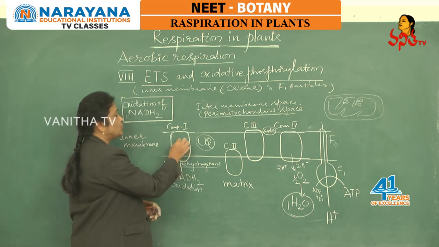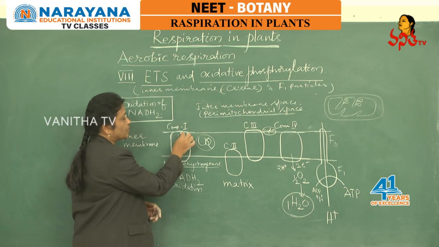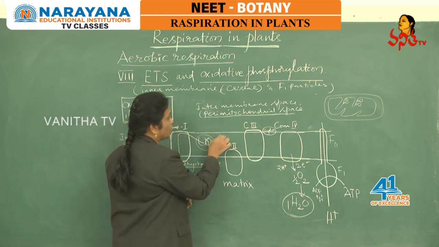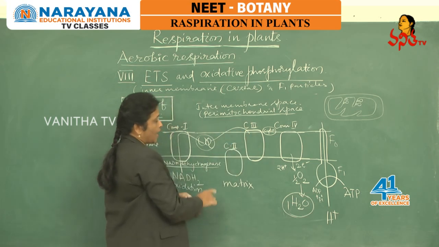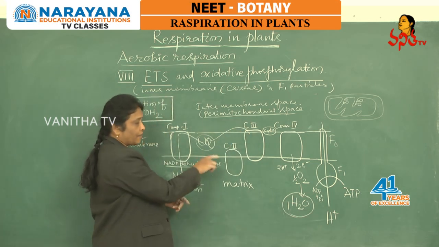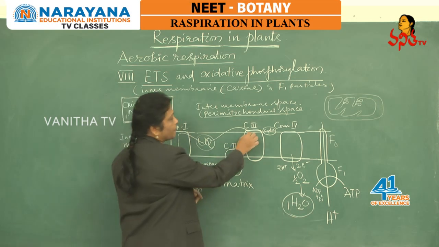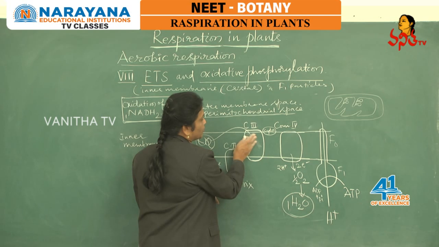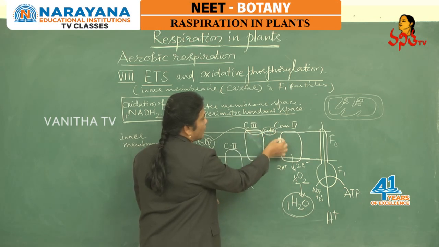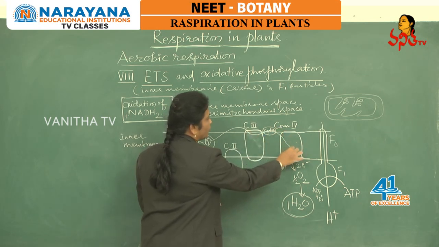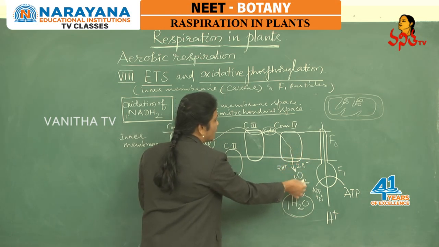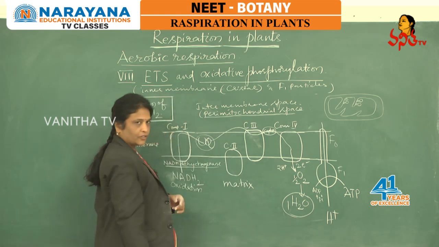The electrons, through this electron carrier complex, are received by ubiquinone, and from ubiquinone go to complex 3 directly and never touch complex 2, and from complex 3 to complex 4 through cytochrome C, which is the mobile carrier, and then to complex 4. Finally, from complex 4 the electrons are received by half a molecule of oxygen.